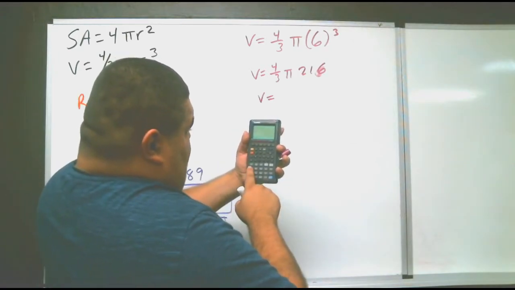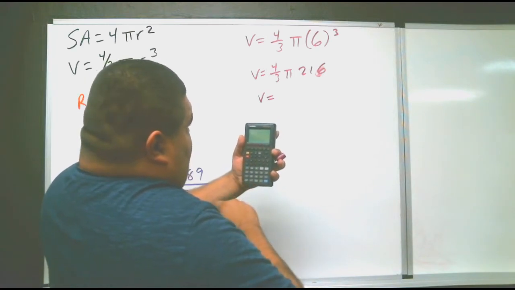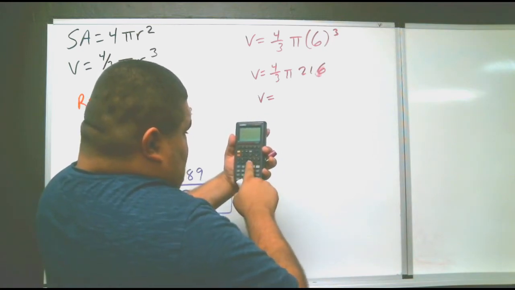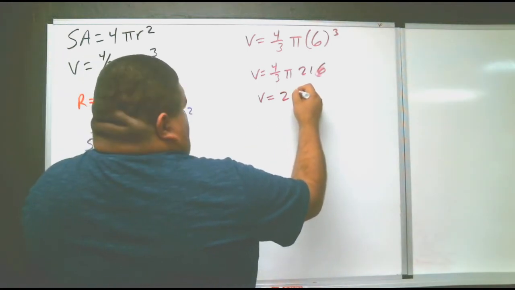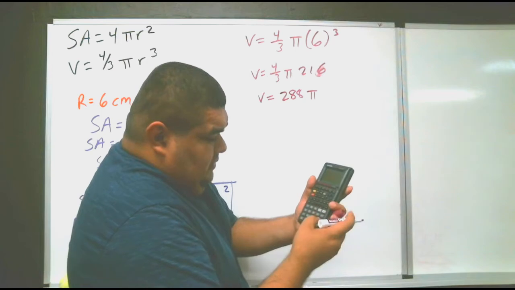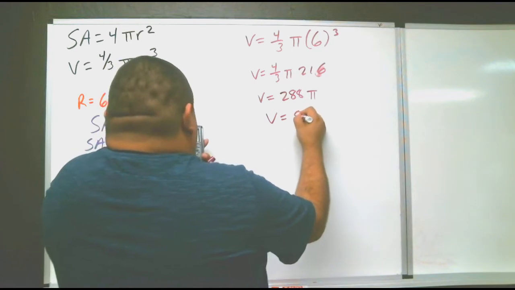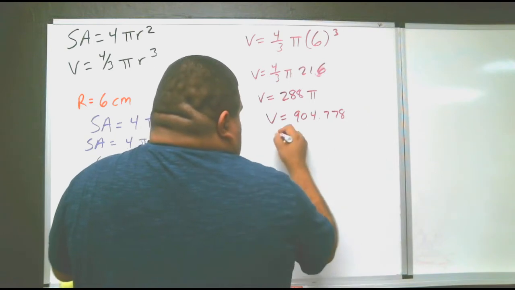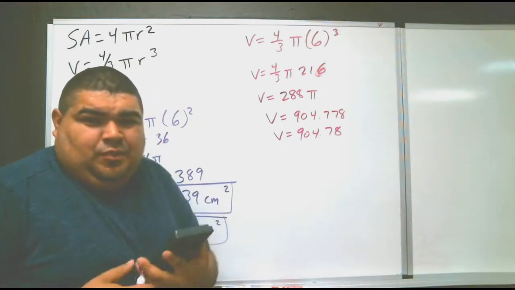I'm going to do 4 divided by 3 times 216, which is 288 pi. 288 times pi equals the volume, 904.778, which becomes 904.78, because we rounded.